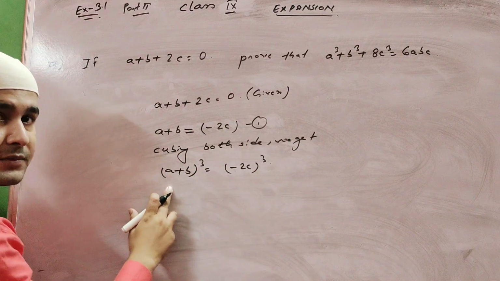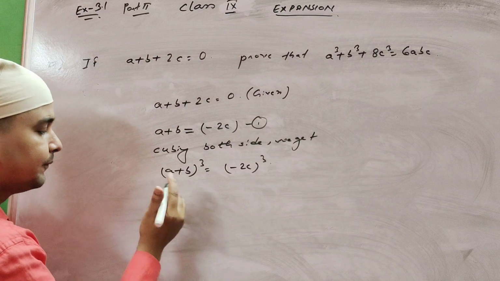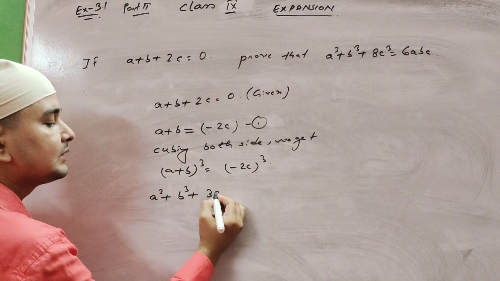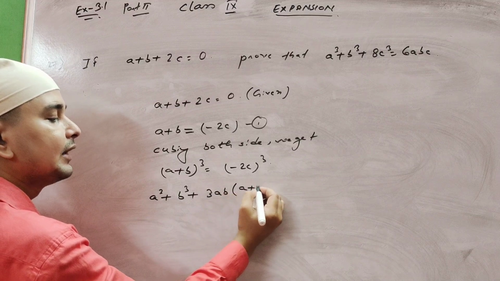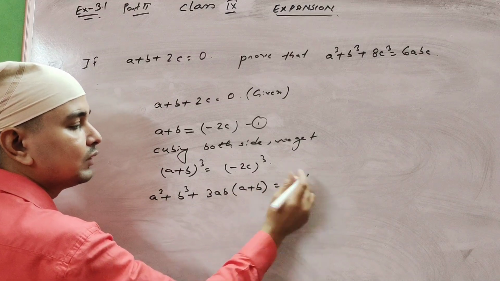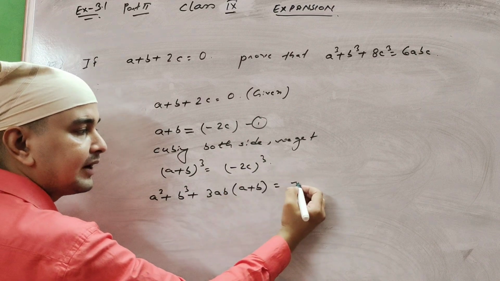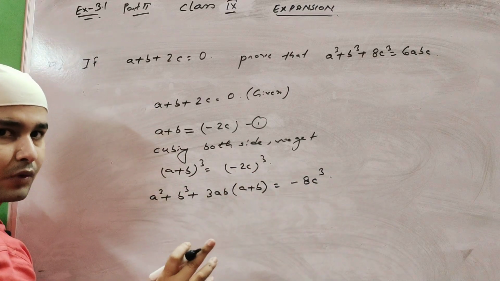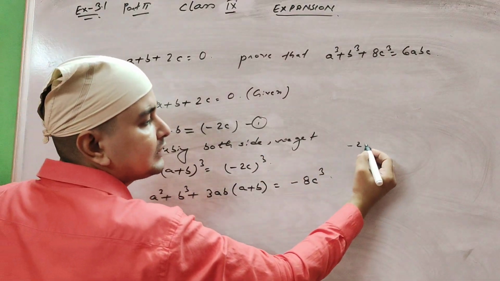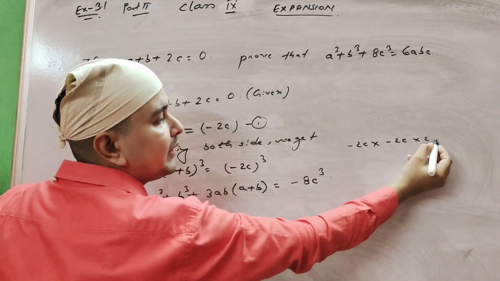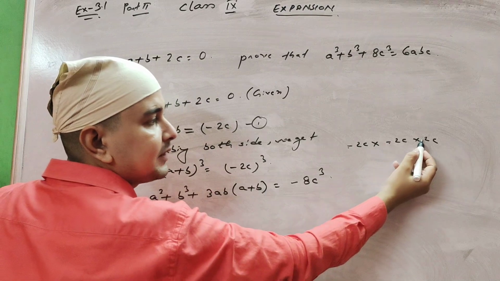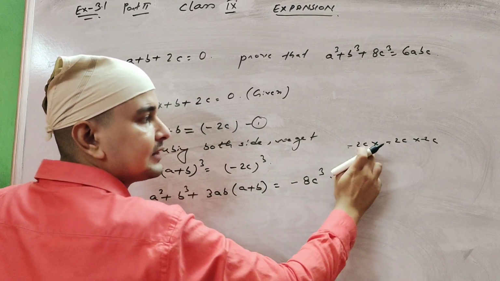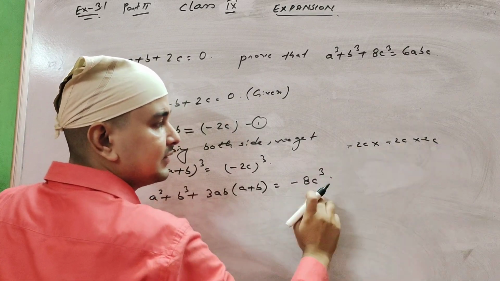So this is a plus b, using the formula of (a plus b) whole cube: a cube plus b cube plus 3ab in bracket (a plus b) equals minus, and 2c cube is 8c cube. Okay, 2c cube means minus 2c into minus 2c, so minus minus plus, and plus minus minus. 2 into 2 is 4, 4 twos are 8. c into c is c square, and c, that is c cube.